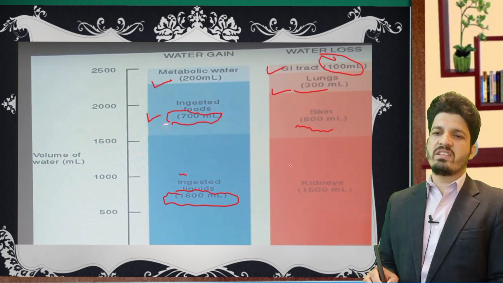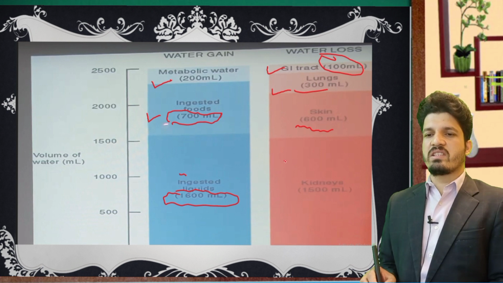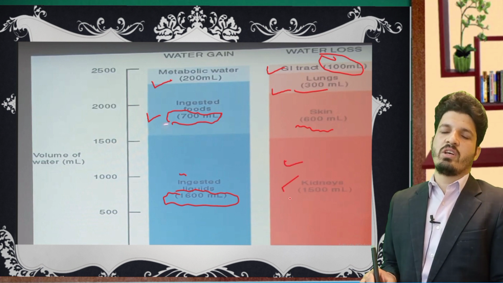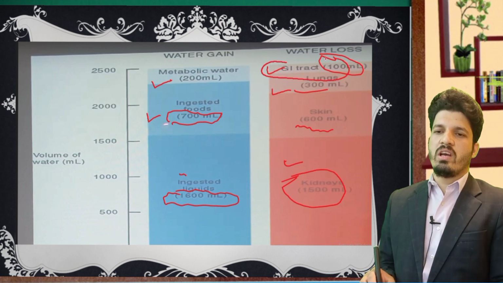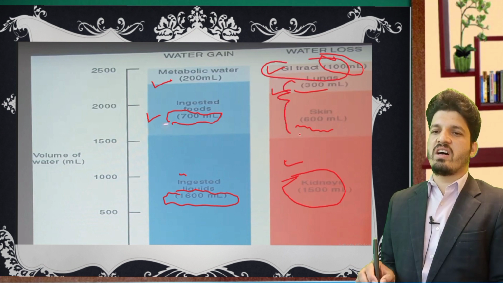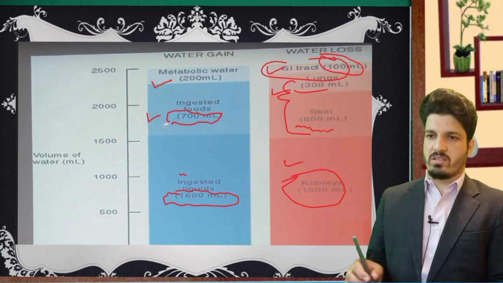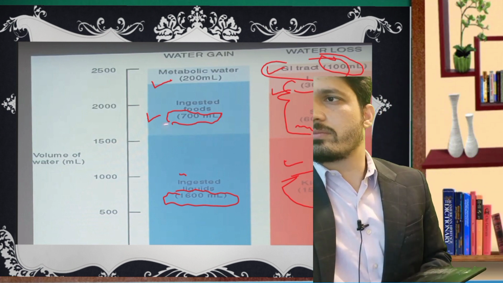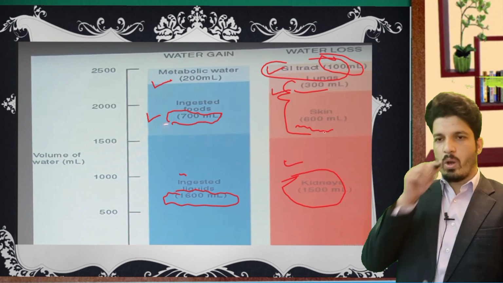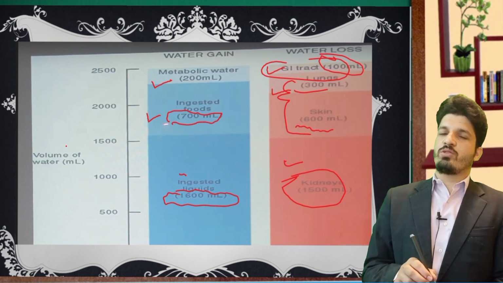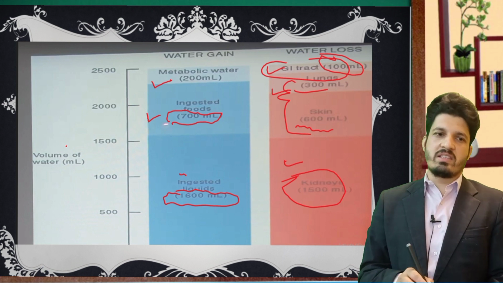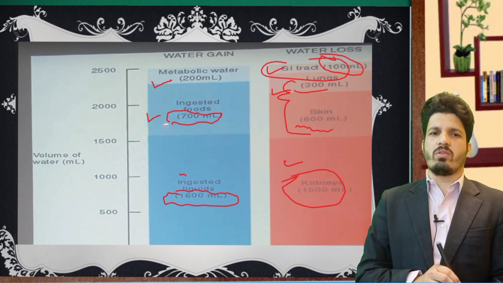And from the kidneys in the form of urine, almost 1500 ml is lost. So this is the urine, this is the stool, and this loss is the insensible loss. Okay, so the water gain should be equal to the water loss. This is the very basic concept.